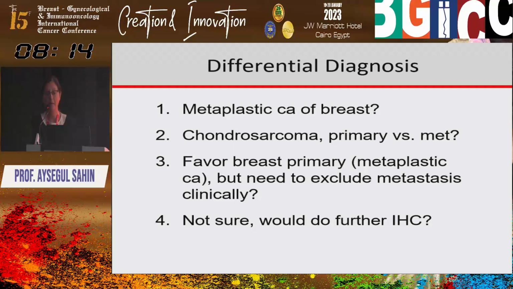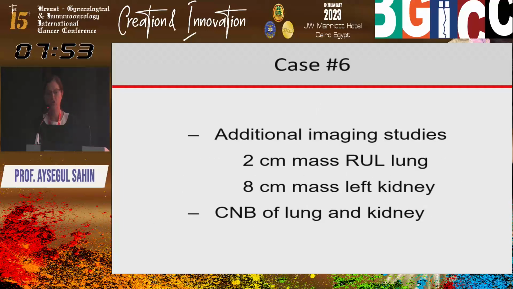So we said, well, it could be metaplastic carcinoma, because sometimes in core biopsy, when you don't have the epithelial component, you don't see keratin positivity. If it is breast, it could be metaplastic, but it could be metastasis. So let's try to do additional markers.